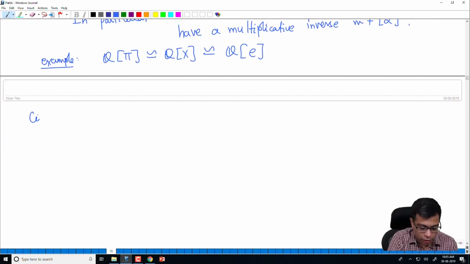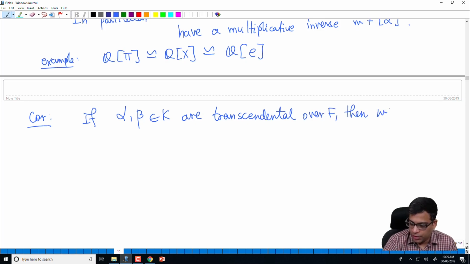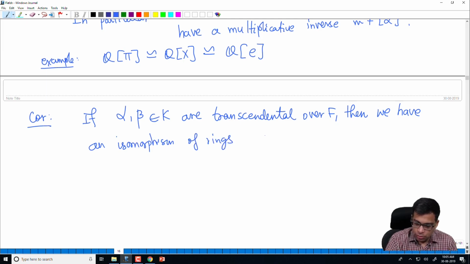So here we have an important corollary: if alpha and beta are both in K and transcendental over F, then we have an isomorphism of rings F[alpha] to F[beta], right?